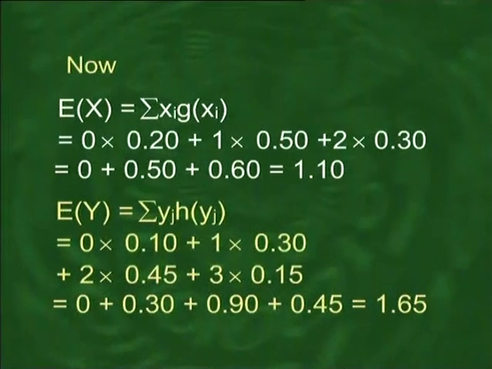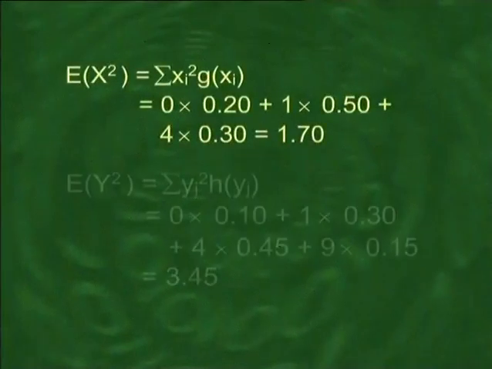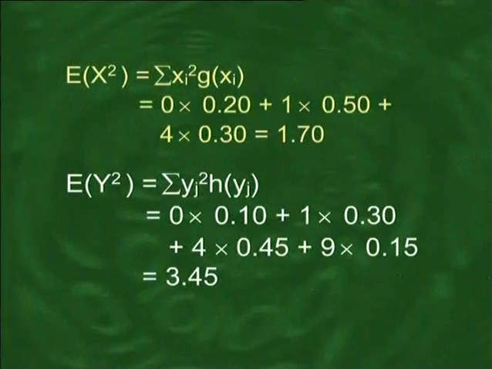So, proceeding as before, expected value of x comes out to be 1.10, expected value of y comes out to be 1.65. Also, we find expected value of x square by the formula sigma xi square into g of xi, and the answer is 1.70.